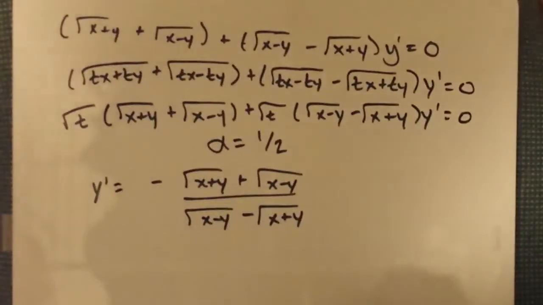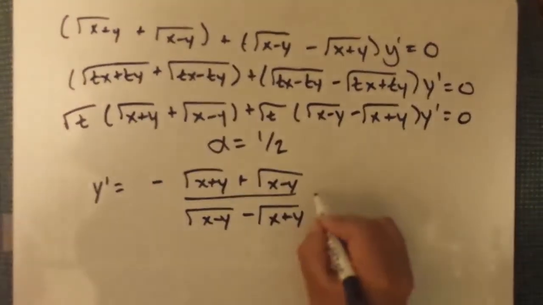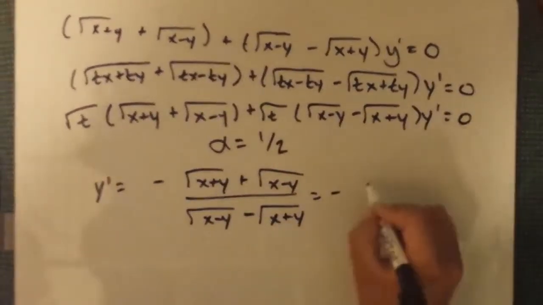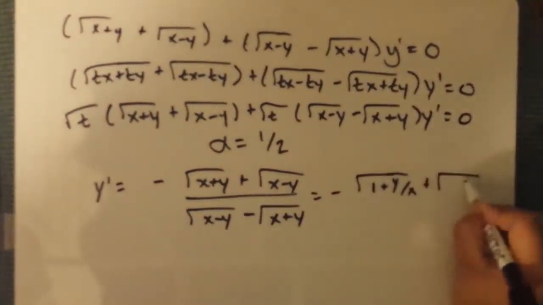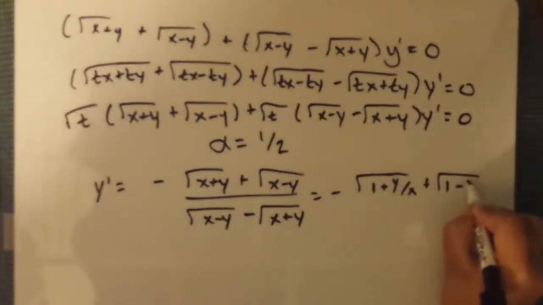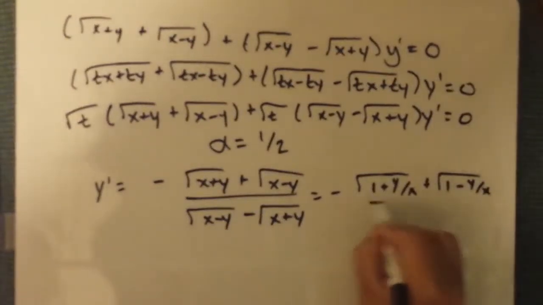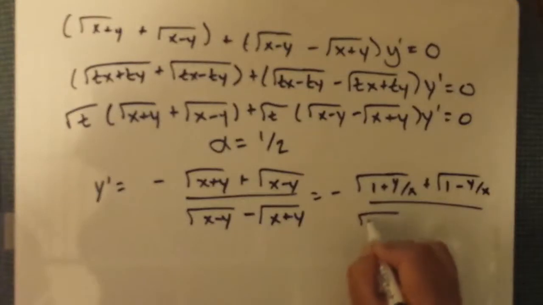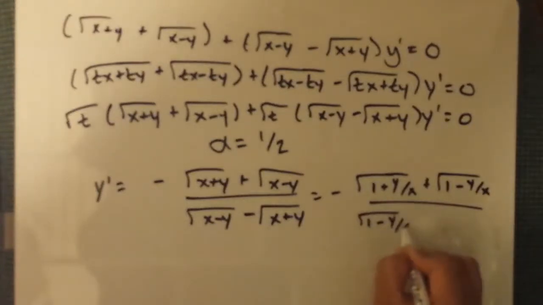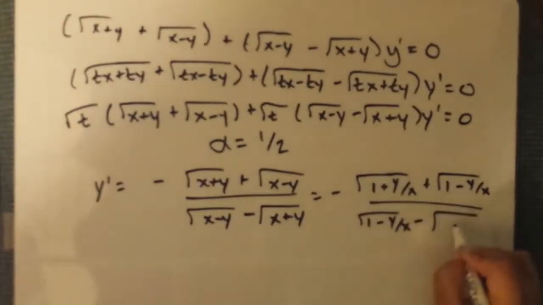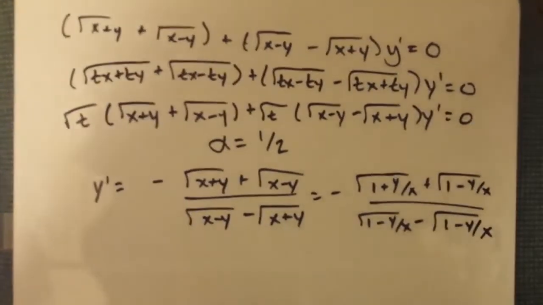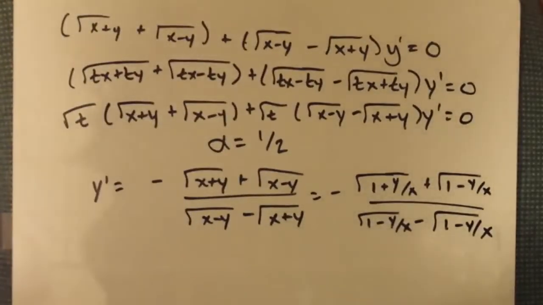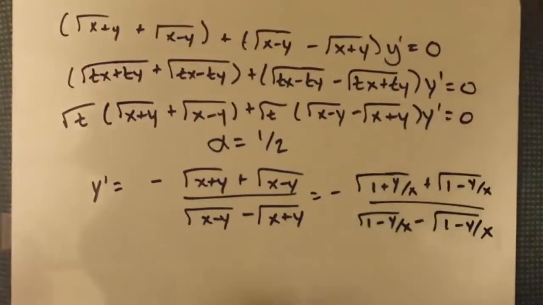We're going to go ahead and divide inside each square root by x. So we get the negative square root of 1 plus y over x plus the square root of 1 minus y over x, over the square root of 1 minus y over x minus the square root of 1 plus y over x.